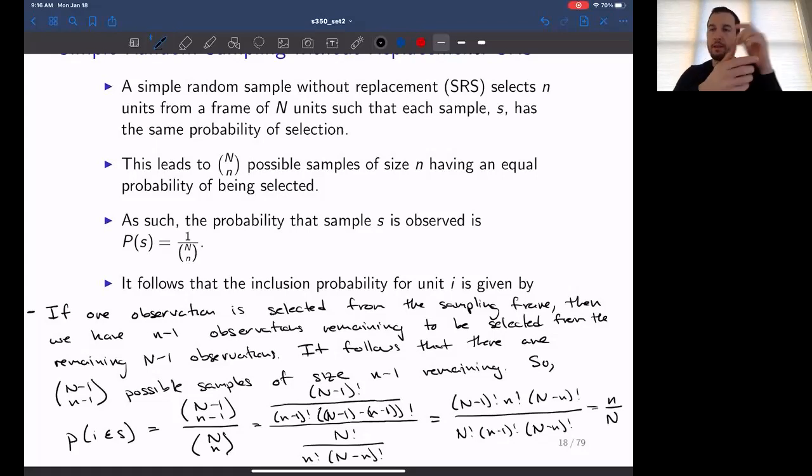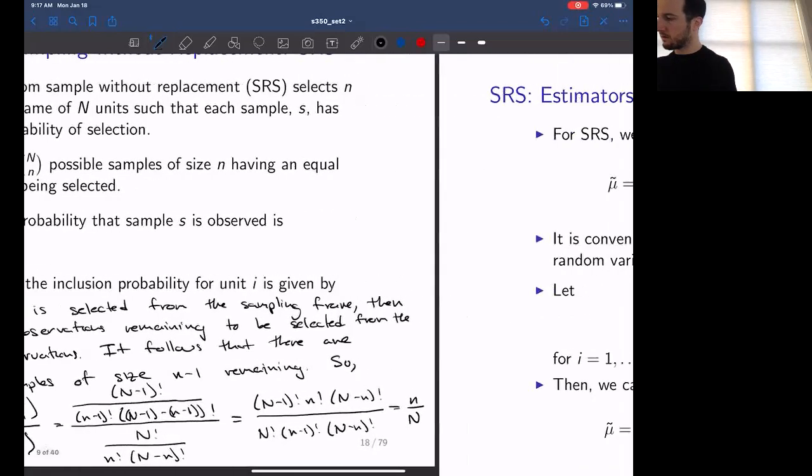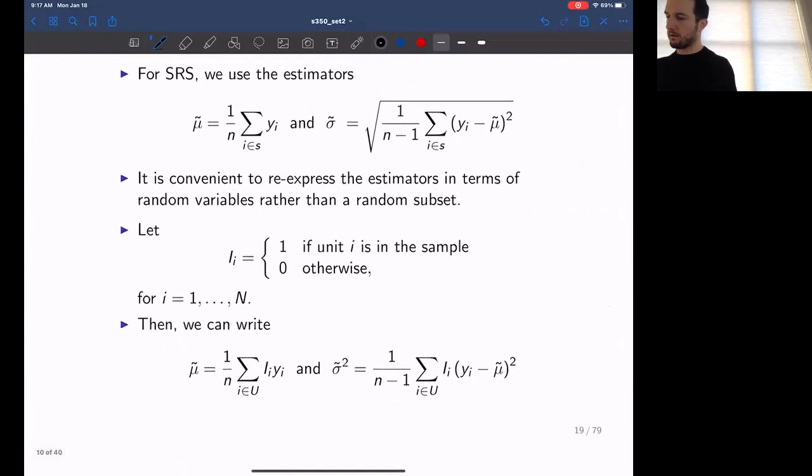And then it's the same idea for the little n minus 1 factorial, canceling out everything that follows little n in that factorial expression. Right, so basically for SRS, we just have our traditional estimators.